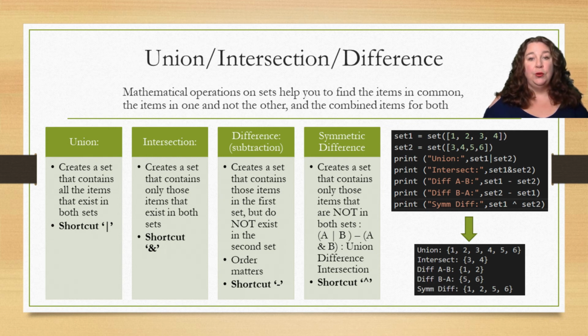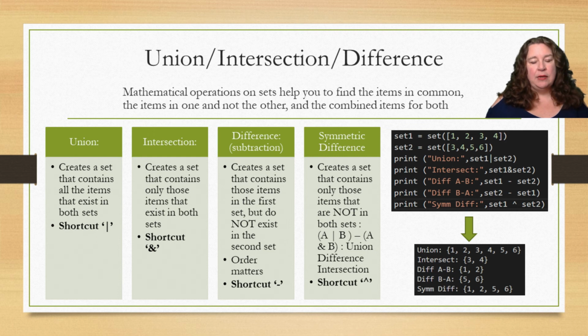The first is a union. Union is give me all of the items that exist in A and all of the items that exist in B. So if I have 2 sets, give me all of the items that are in both of them. And the shortcut for this is a bar. It's the pipe. It's the one directly above the enter key with a shift. So it's just a straight line. We call it bar, we call it pipe, we call it a couple of things in programming.